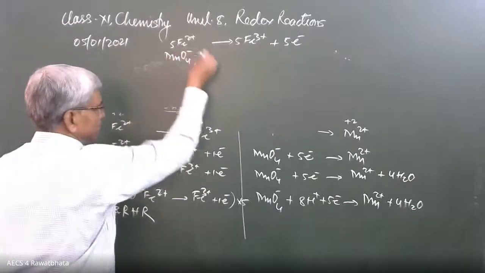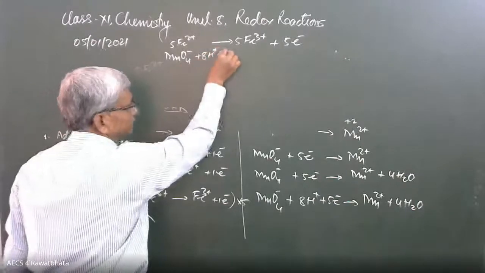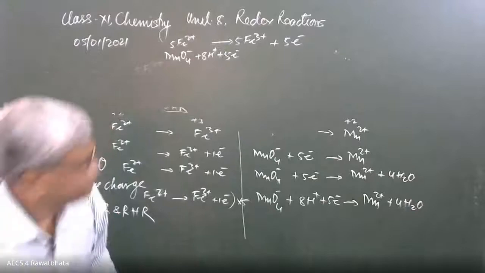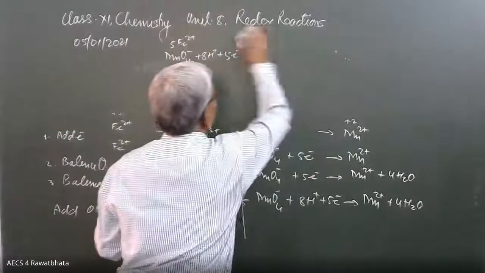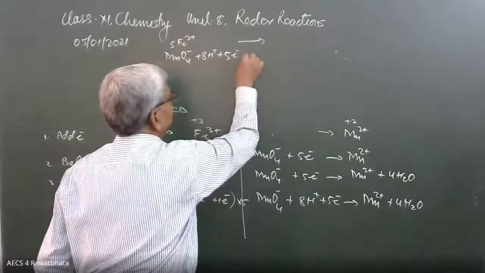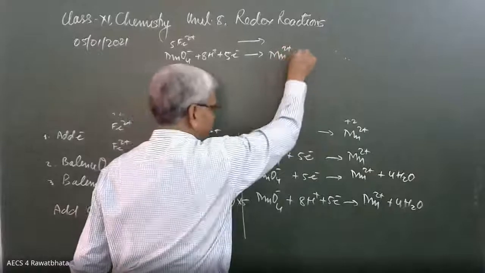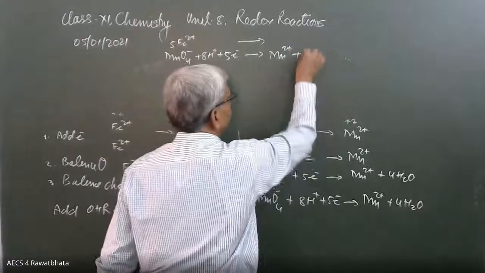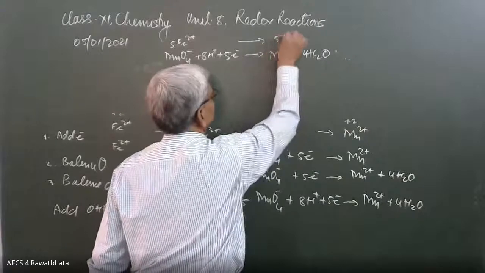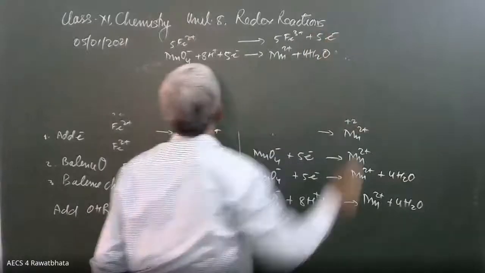MnO4 minus plus 8H positive plus 5 electrons gives Mn2 positive plus 4H2O, and here is 5 Fe3 positive plus 5 electrons.